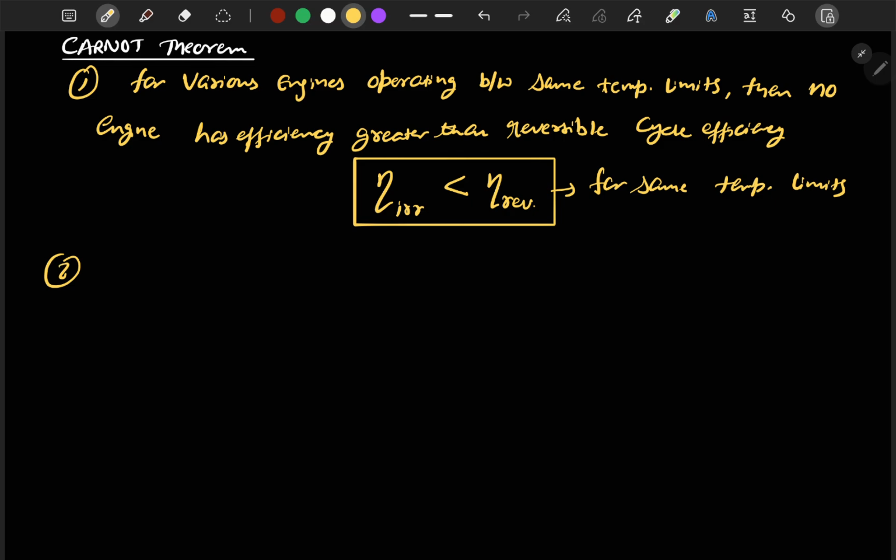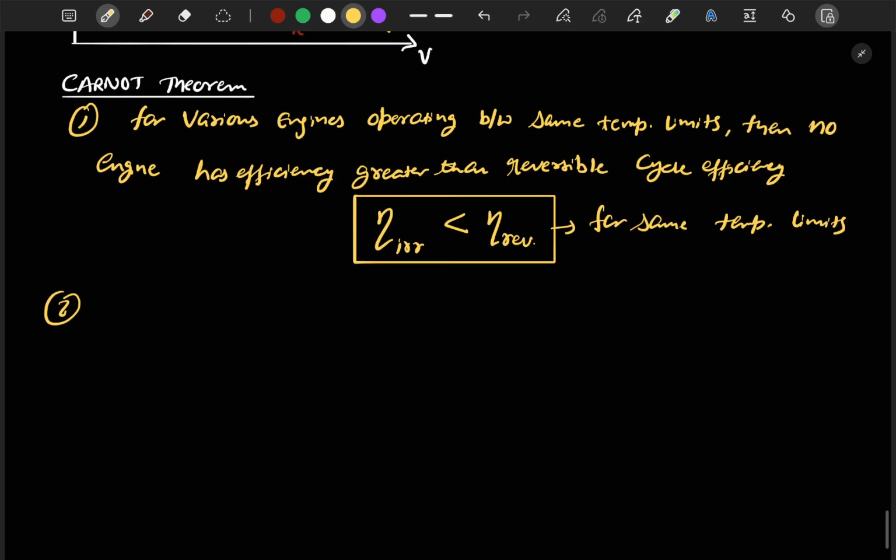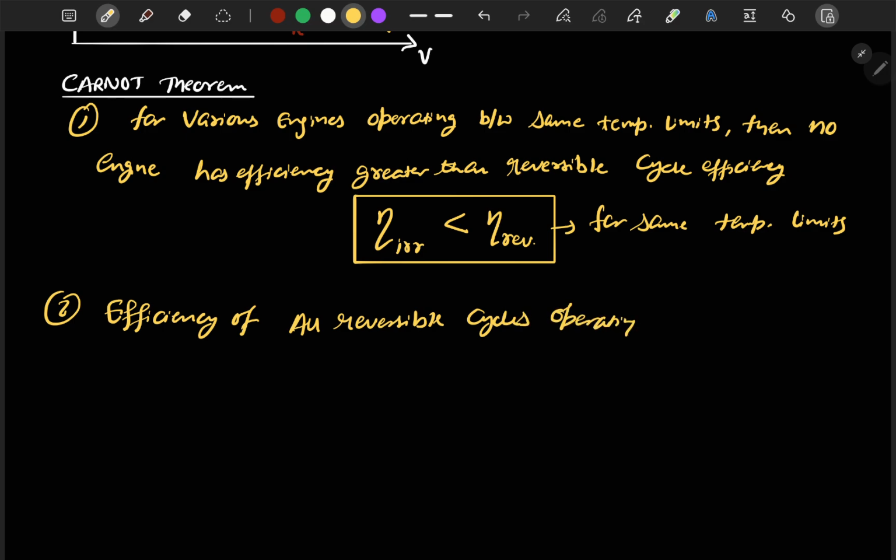The second point is that the efficiency of all reversible cycles operating between the same temperature limits is the same. So if there is more than one reversible cycle operating between the same temperature limits, then all of their efficiencies will be the same.